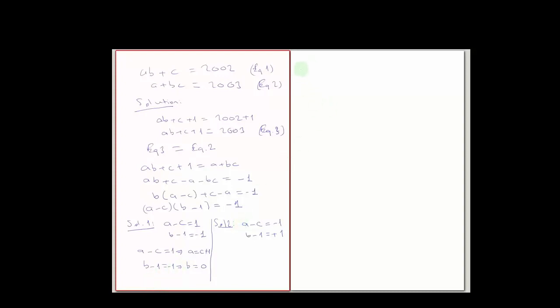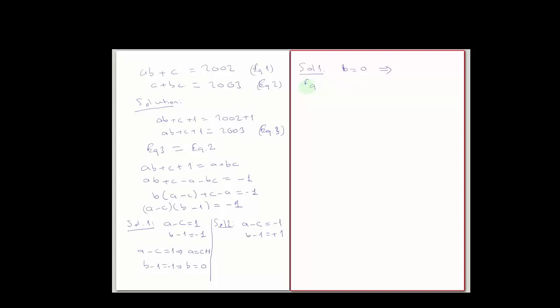Let's continue on this new page with solution 1. Since we know B is 0, it's very easy to find the solution: if we put B equals 0 in equation 1, we will find C, and if we put B equals 0 in equation 2, we will find A, and then we will have found all the variables.